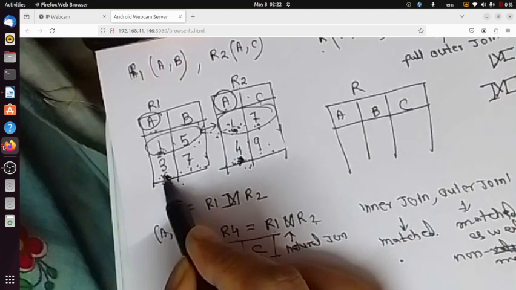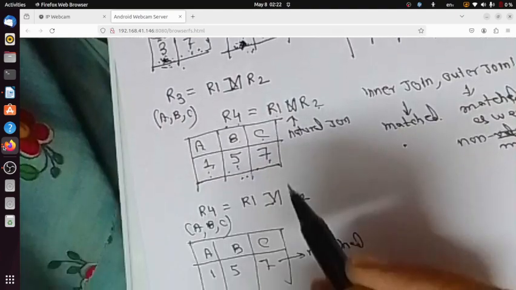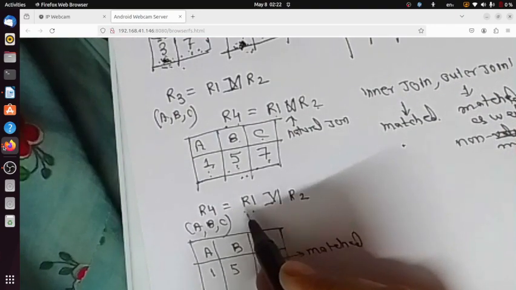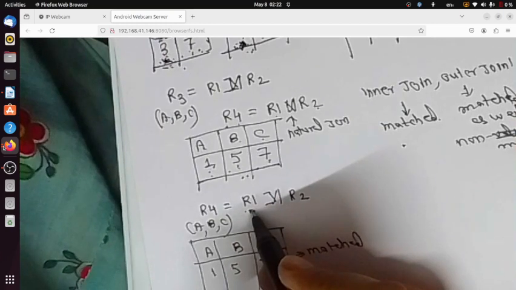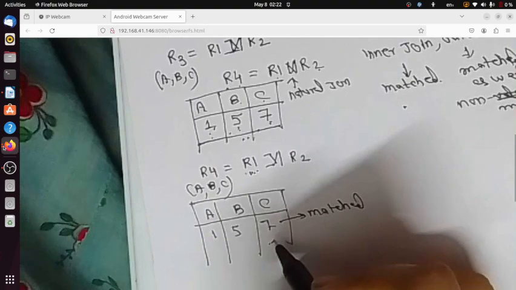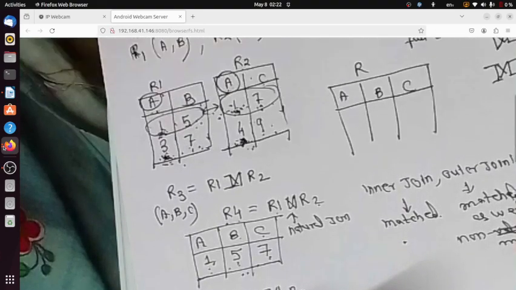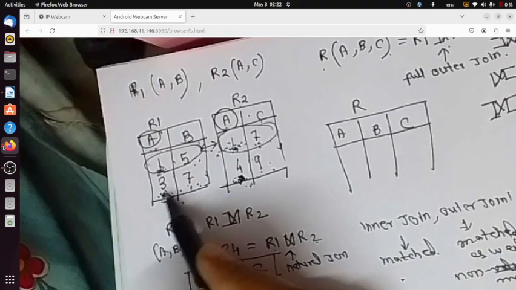As we are doing the left outer join, the relation on the left, that is R1, contributes its non-matched records, and they will also be included in the output relation. So in left outer join, the left relation is R1 and the non-matched record is 3, 7.